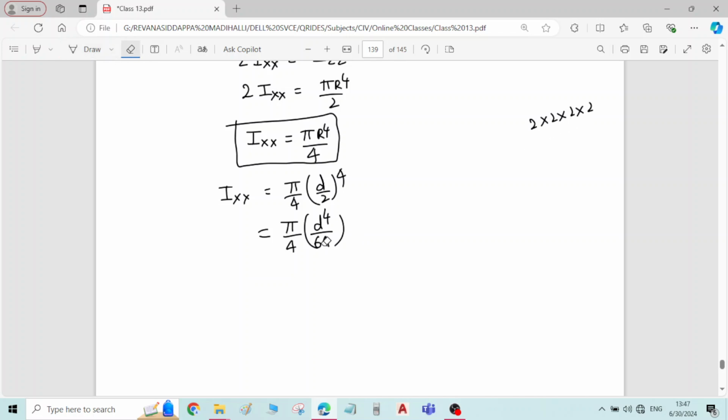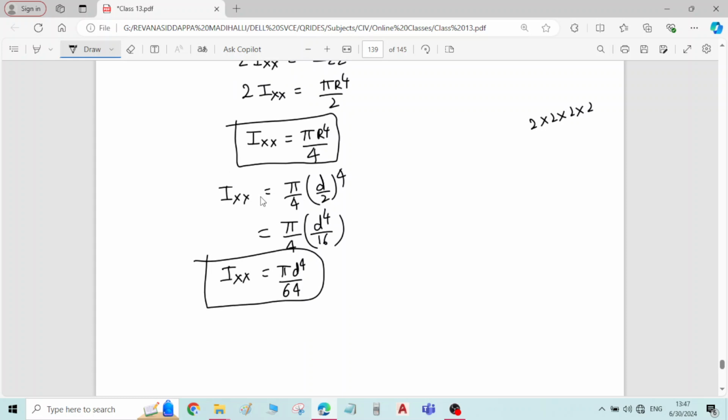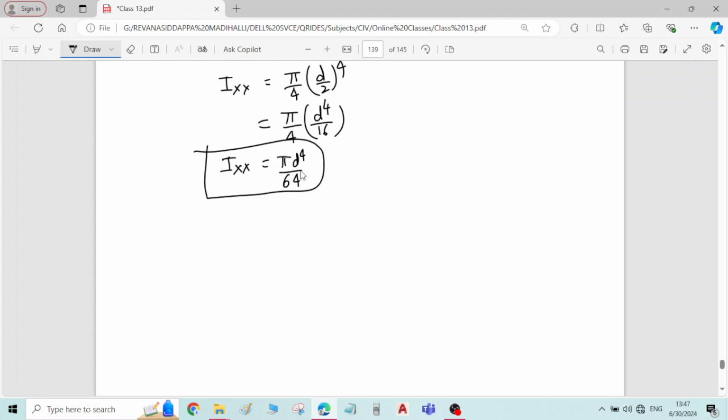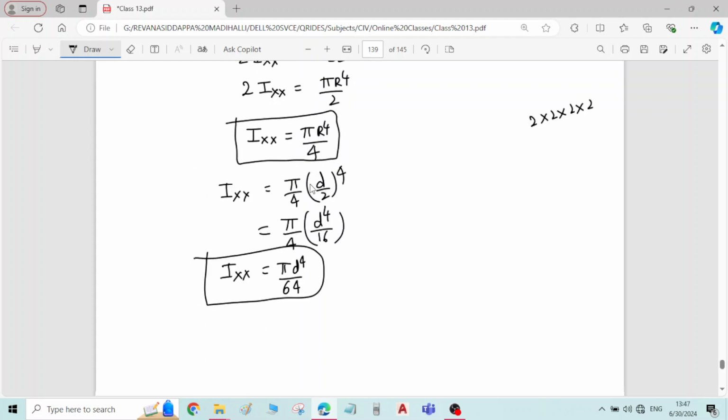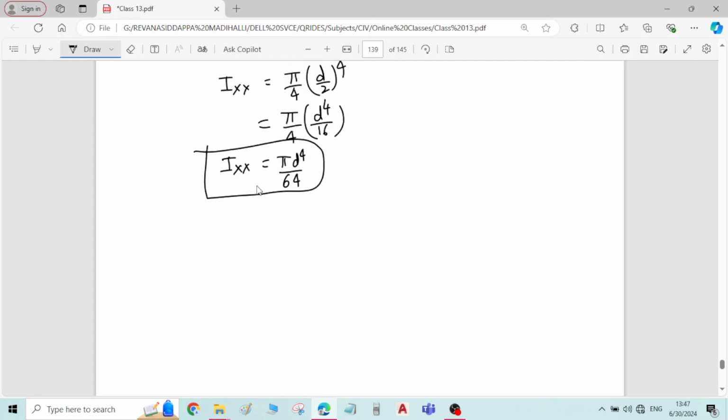Sorry, 2 to the power of 4 is 16. Therefore Ixx is equal to pi d raised to 4 by 64 in terms of diameter. So the moment of inertia about the x-axis for a circle in terms of radius is pi r raised to 4 by 4, and in terms of diameter it is pi d raised to 4 by 64.